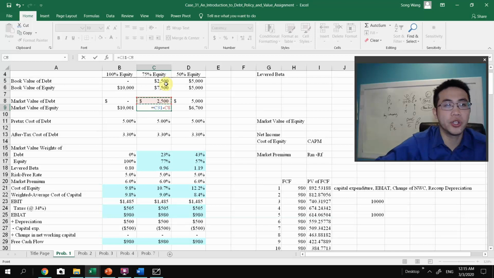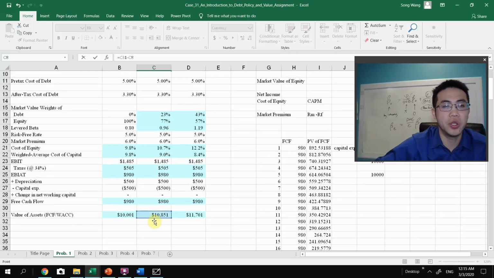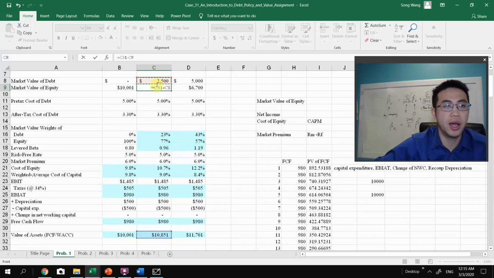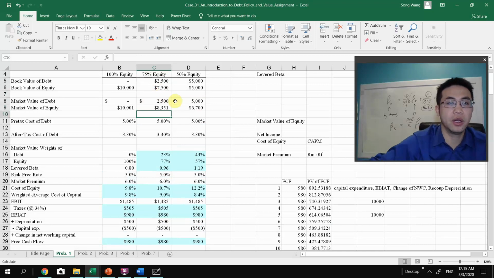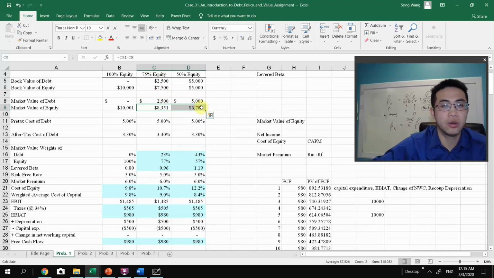Okay, where I got the total debt, I got it from the book value up there. So it is the formula already. So where I got the market value for equity, I'm going to use the newly solved total assets minus the market value of debt. Okay, and then I drag it to the right.